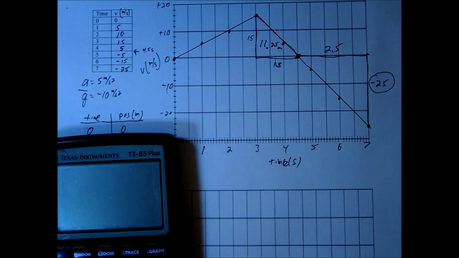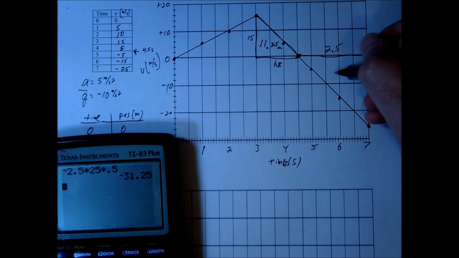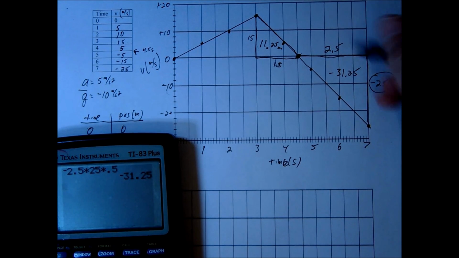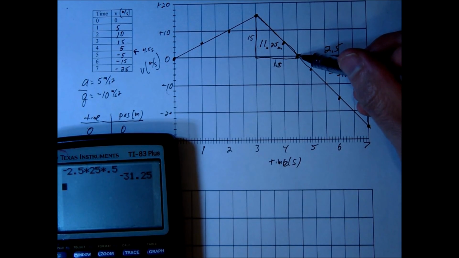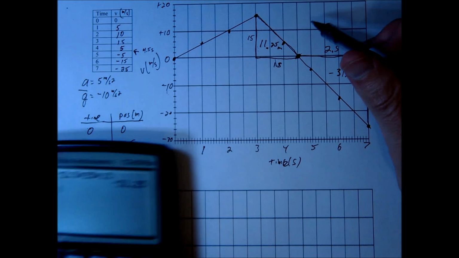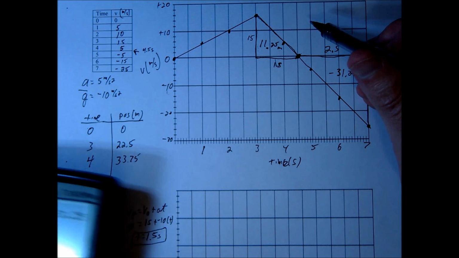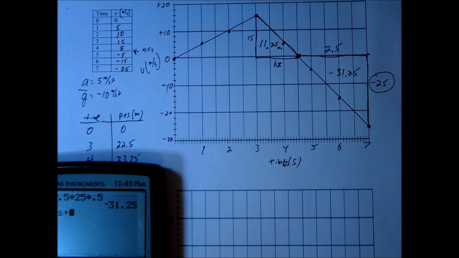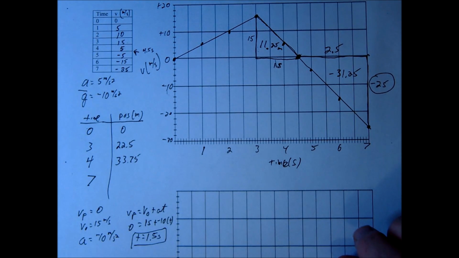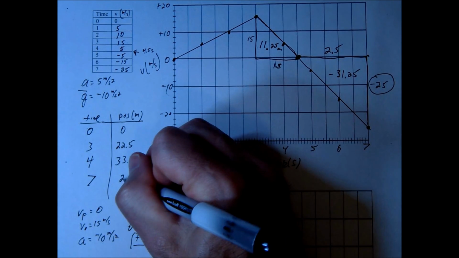So negative 2.5 times 25 times 1/2 gives us negative 31.25. So again, that would be the displacement from our peak. And at our peak, we determined already we were at 33.75. So we're just going to subtract that from 33.75. Looks like 2.5 is our new position.